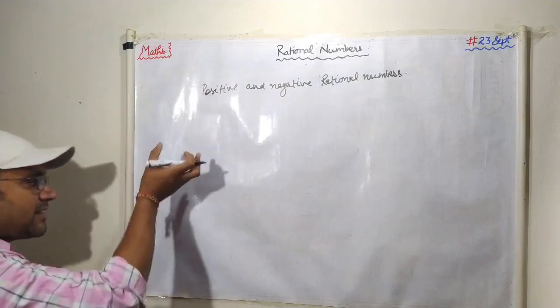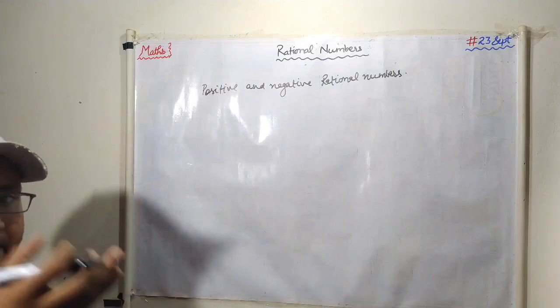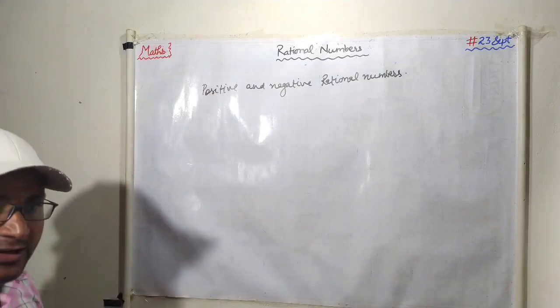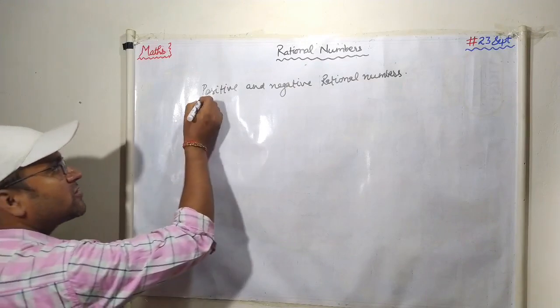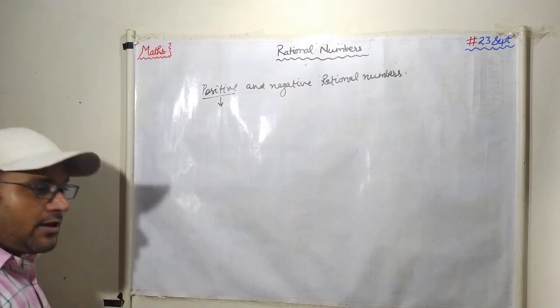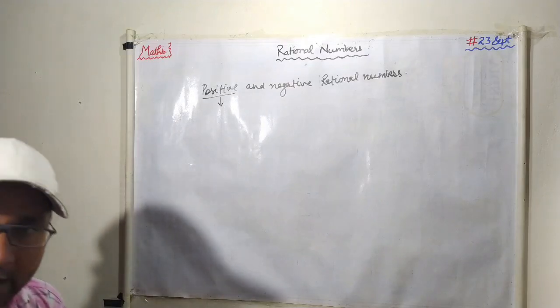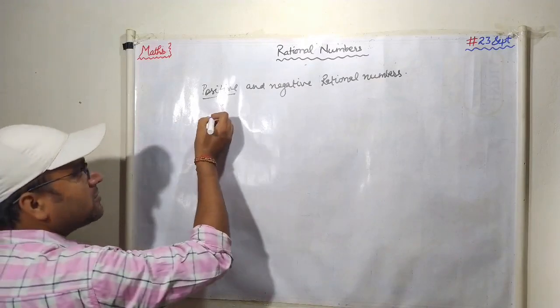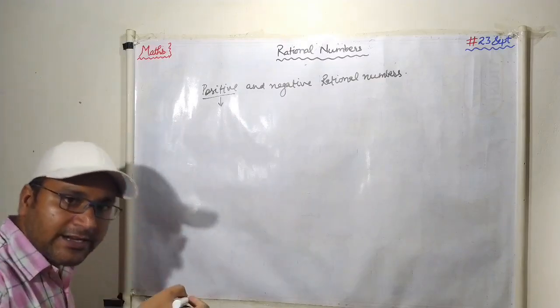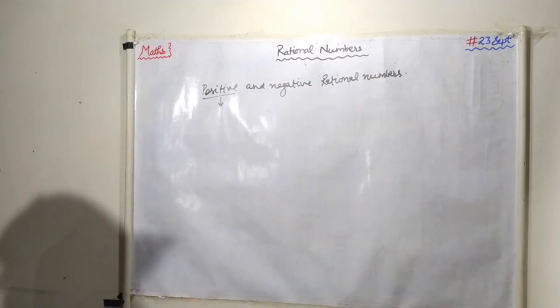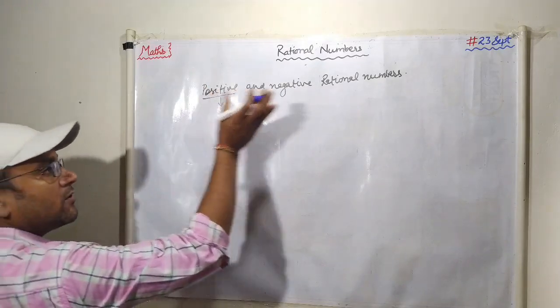Positive means that if both numerator and denominator, that is p and q, are positive, have a plus sign, or both have a negative sign, they are said to be a positive rational number.